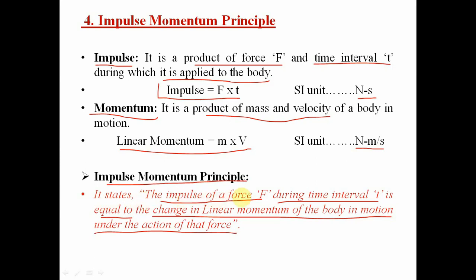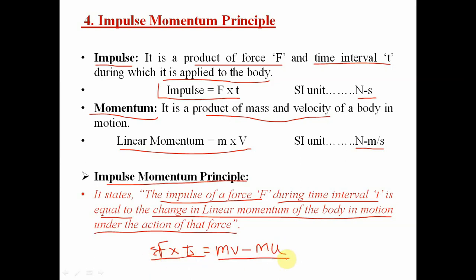The impulse of a force F means F into t. Now we have to take here the net force. So summation F into t is equal to the change in linear momentum of the body. Change in linear momentum means the final momentum minus the initial momentum.